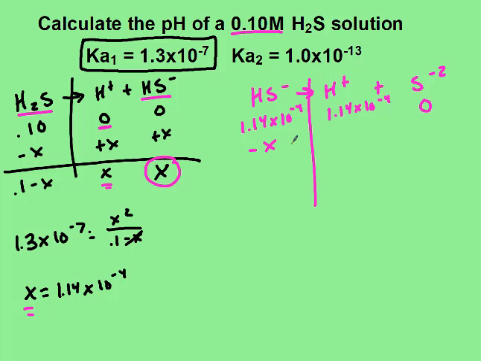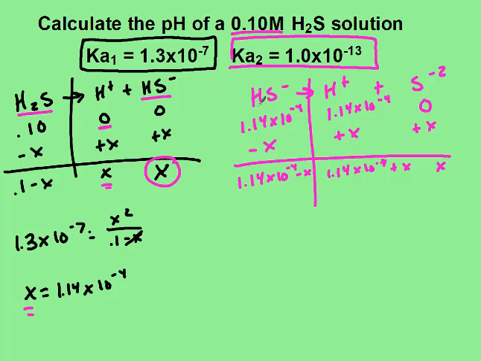Just like before, we're going to set up an ice table. So the HS is going to produce some more hydrogen and then some sulfur ion. We can plug that into our equilibrium expression. This time we're going to use Ka2 because Ka2 is for H2S when it loses one hydrogen or becomes HS.